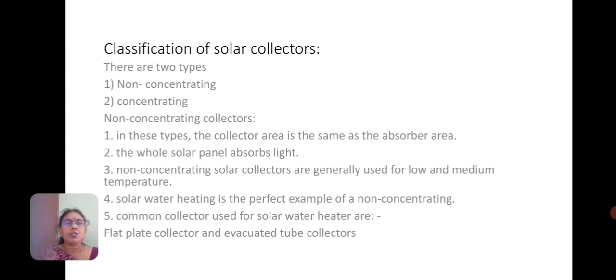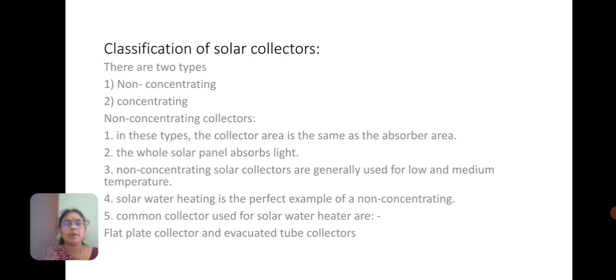Here, in the classification of solar collectors, there are two types: one is non-concentrating and the second one is concentrating. First we will see non-concentrating collectors, and later on we will see the difference between non-concentrating and concentrating collectors.